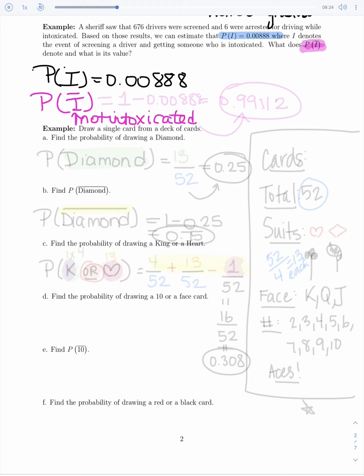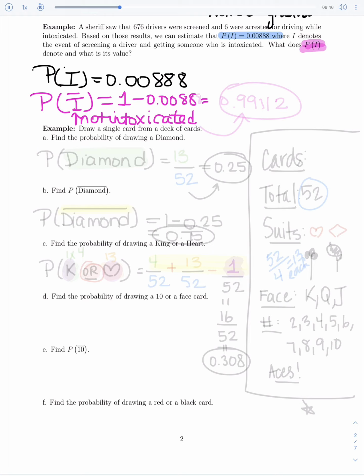Well, if the probability of somebody being intoxicated is 0.00888, the probability of not being intoxicated is everybody else, the rest of the probabilities. Remember, probabilities have to add up to 1 or 100%, so I can subtract the probability for intoxicated from 1, and that will give me everything else.